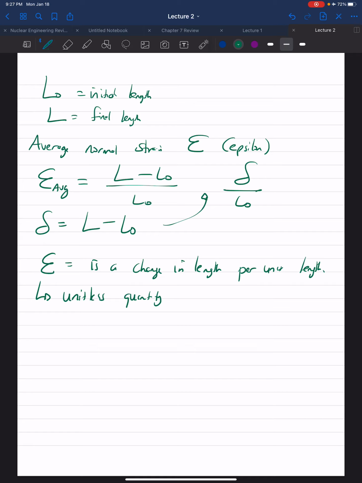However, it's sometimes noted as micrometers per meter. So that's normal strain.